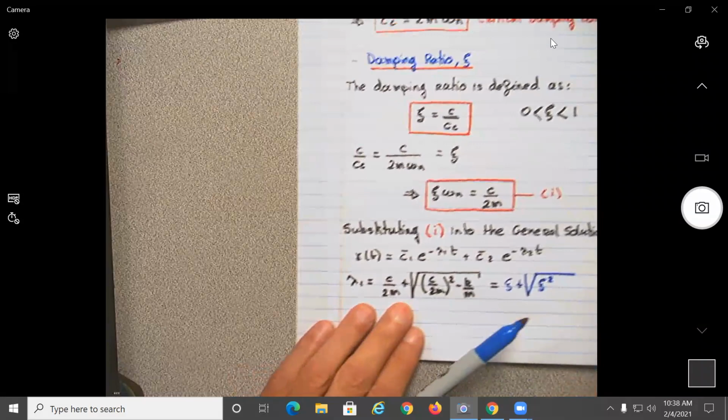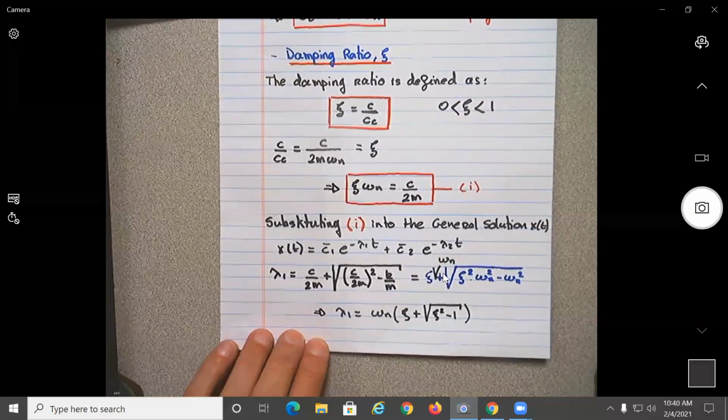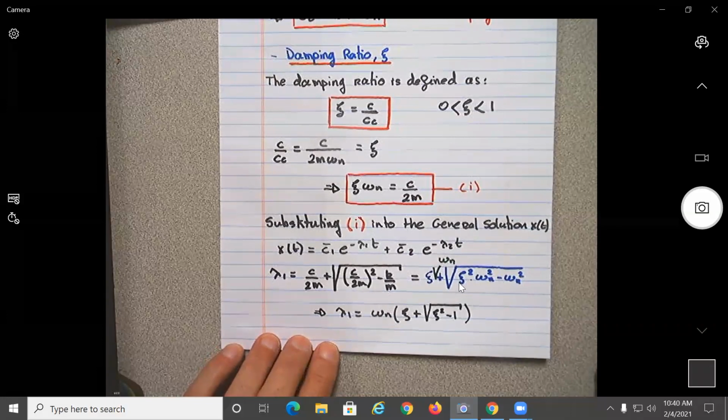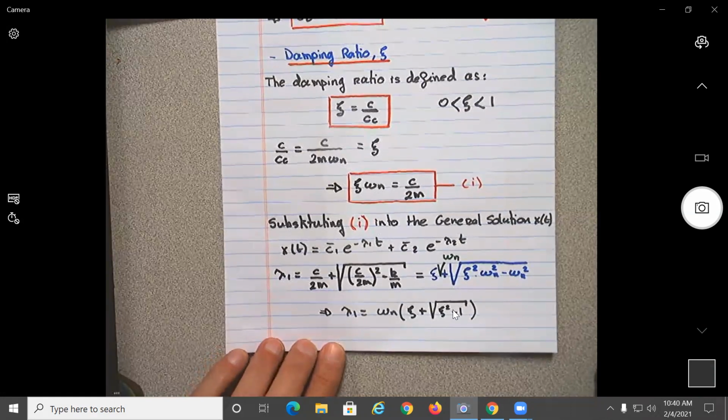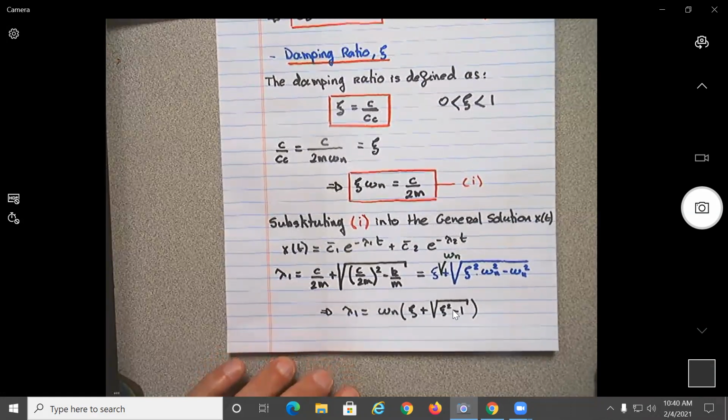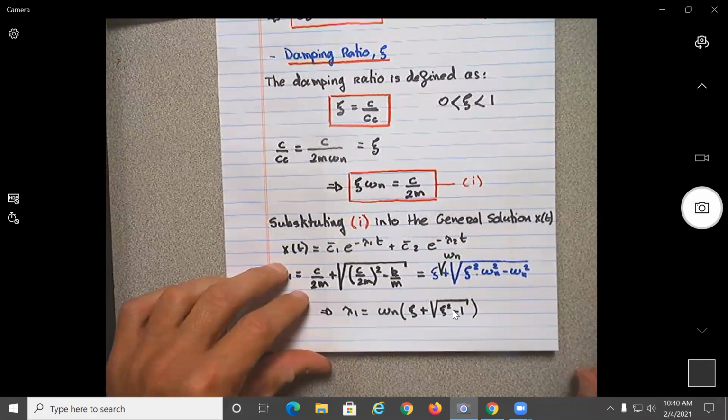Sorry, let me move it. Okay, so here I did forget to put the omega n, but you can write it under this form. With the omega n, you can factor the omega n out. I end up with omega n factor of C plus the square root of C squared minus 1.